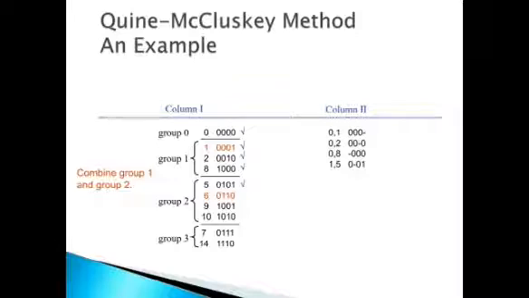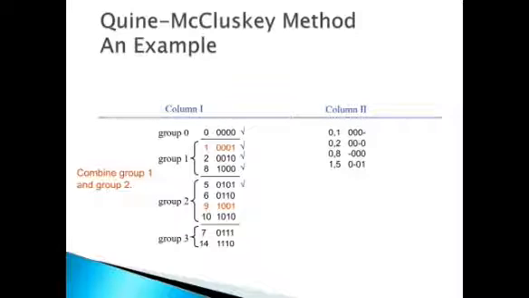Now compare the first element of group 1 with the second element of group 2. Here 2 bits are changing, so we will ignore this combination. Now compare the first element of group 1 with the third element of group 2, that is 1 and 9.